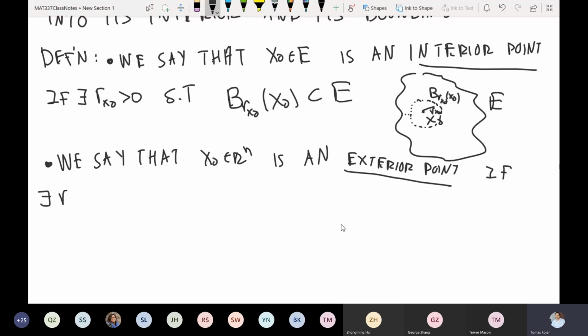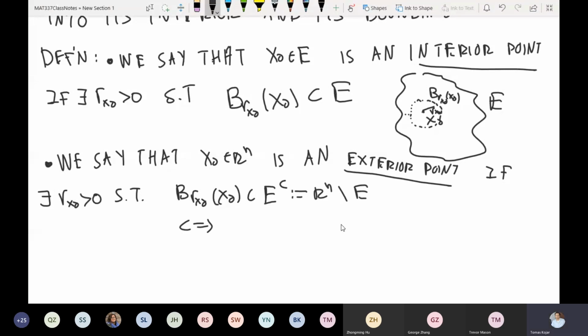So again, there exists some R such that the ball B_R(x naught) is fully contained in the complement, i.e. the intersection with E is empty.